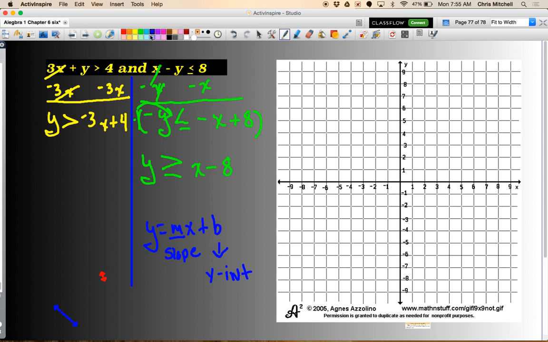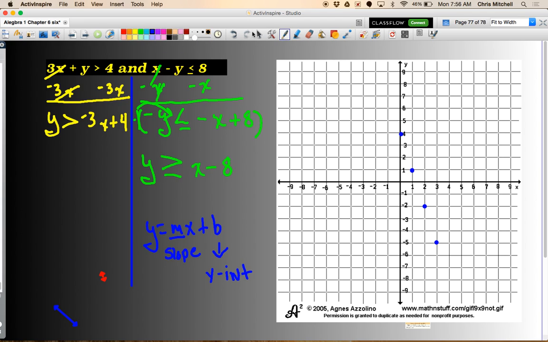Let's graph this one. I'm going to use blue. So we're going to start at 4, which is here. Then we're going to go down 3, 1, 2, 3 over 1. Repeat the pattern, 1, 2, 3 over 1.